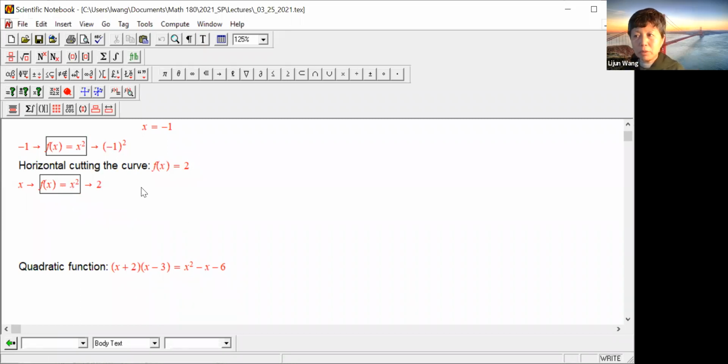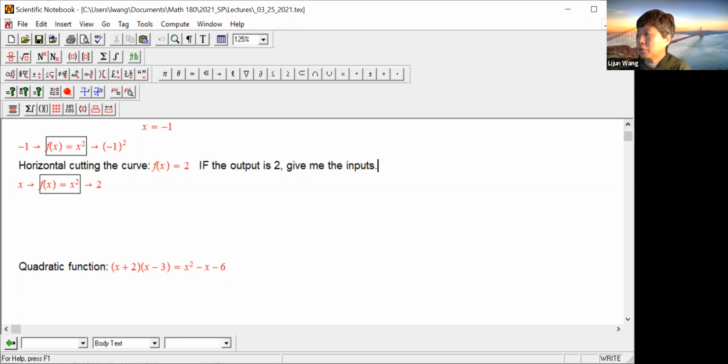So we want the output to be 2, and we're looking for the input. This is the typical if statement. Usually they will say, if the output is 2, give me the input. That's a kind of scenario.